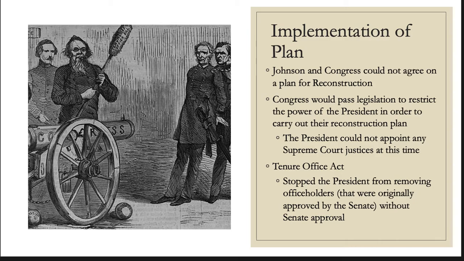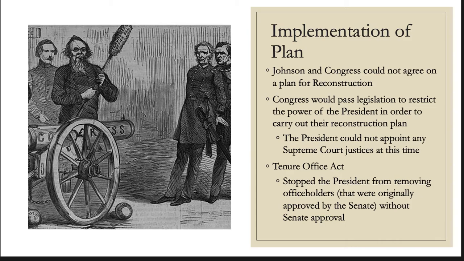And what Congress wants to do is limit that power of Johnson putting in people that weren't radical enough in this Reconstruction process. So Congress is going to pass the Tenure of Office Act. Now, this isn't 10 years, it's tenure. Just like teachers get tenure, faculty at different colleges get tenure.